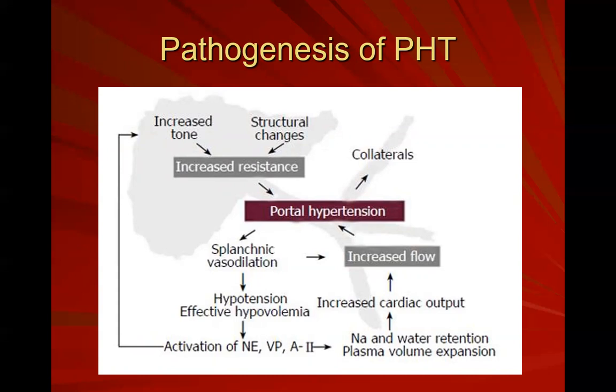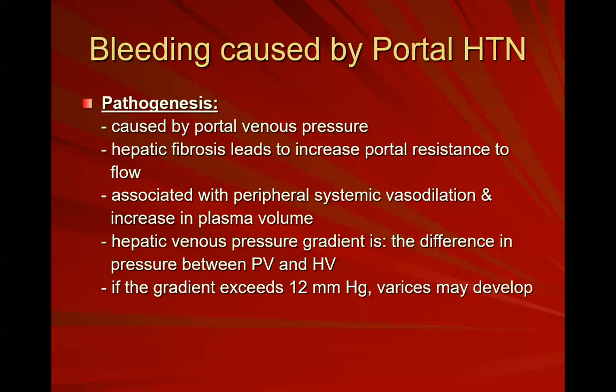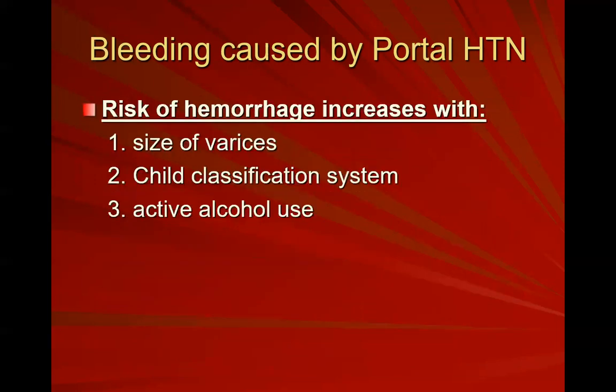But this adaptation would worsen the portal hypertension. As a result, there would be an increase in the flow of the portosystemic shunts, and also sodium and water retention and its consequences. So this is a summary of portal hypertension.